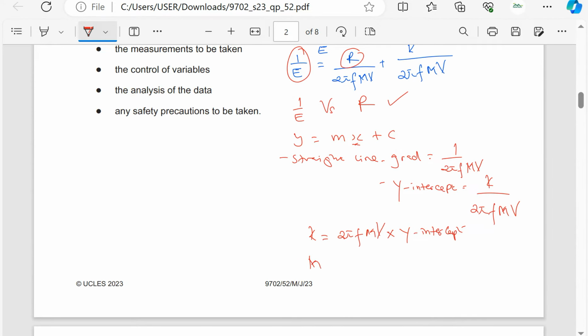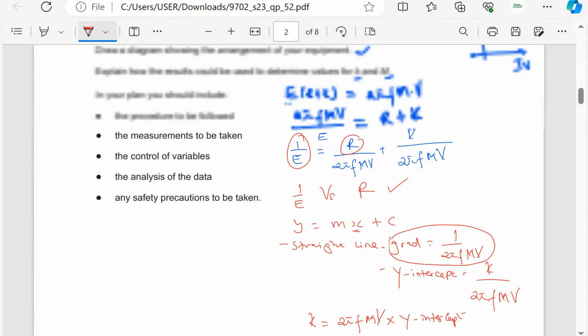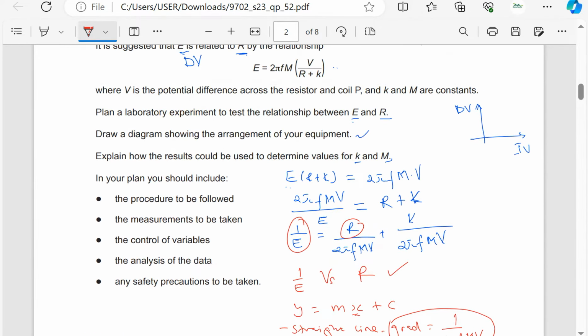Because gradient is equal to 1 over 2 pi F M V, M is going to be equal to 1 divided by 2 pi F V times the gradient. So that is now the skeleton of my experiment. Now I can write it in words.